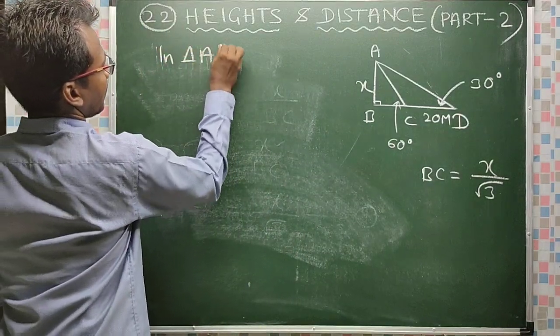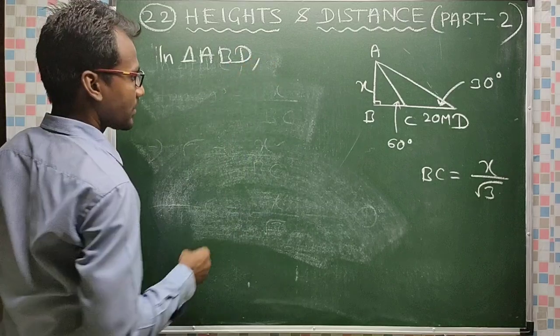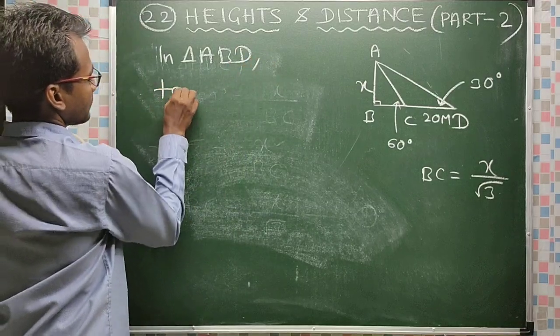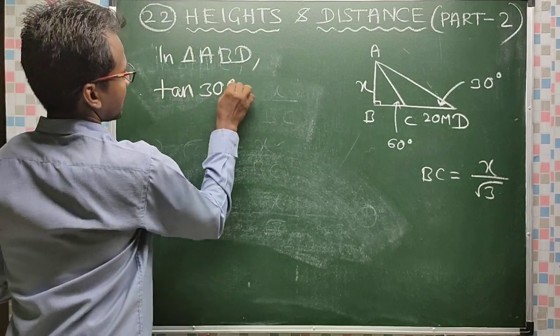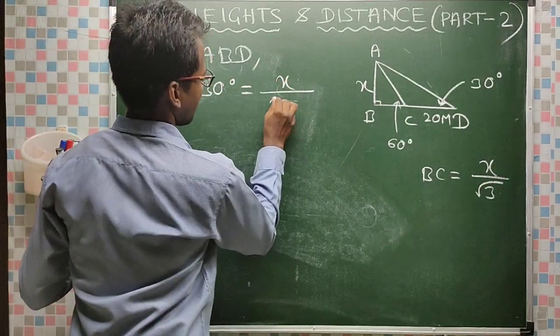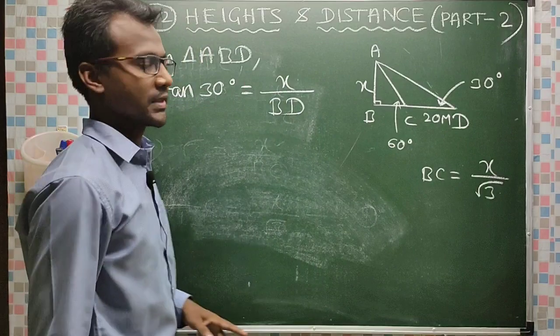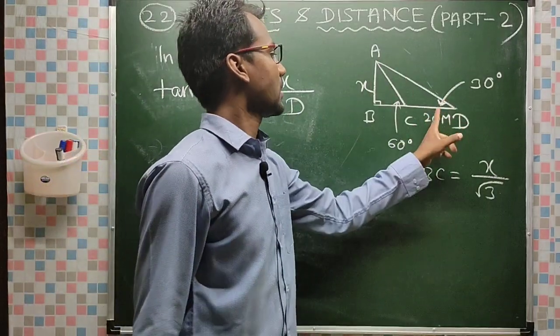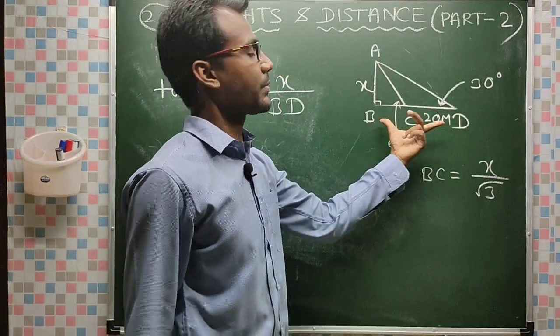In triangle ABD, tan 30 degree is equal to x by BD. Look at the big triangle ABD, tan 30 degree is equal to x by BD.